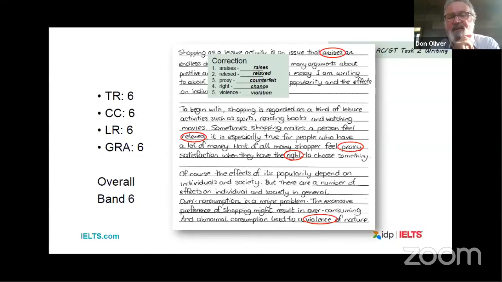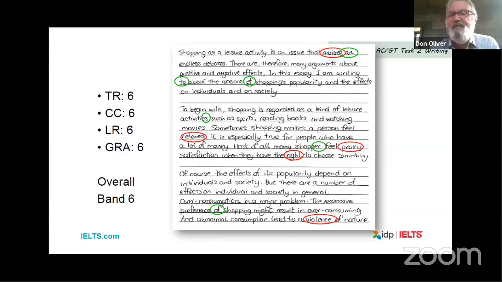"This word lead to violence of nature." Well, this word is the wrong word. "Violation of nature" is the correct word. This person needs to read more, talk more in English to other people, and pick up those words and learn how to spell them correctly.